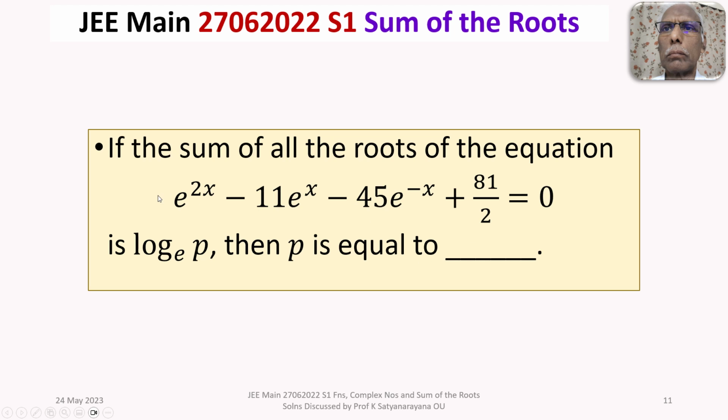We are given this equation, and the sum of all the roots of this equation is given to be log p to the base e. Then we have to find out what p is.